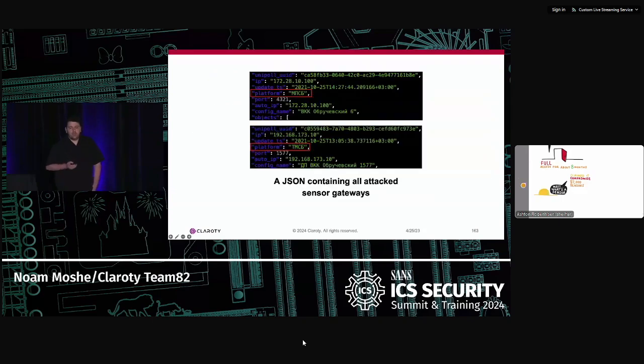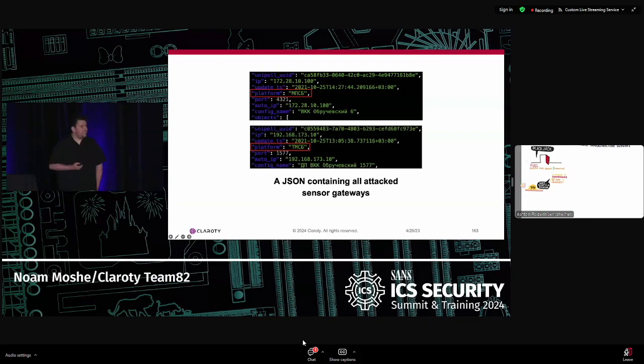And indeed, when we look at the gigabytes and gigabytes of files released by Blackjack, we see this JSON list containing all of the attacked sensors, including their IP address and a lot of metadata about what targets were attacked by Blackjack. And in here, we see this platform ID, which is this actually pretty interesting Russian characters.